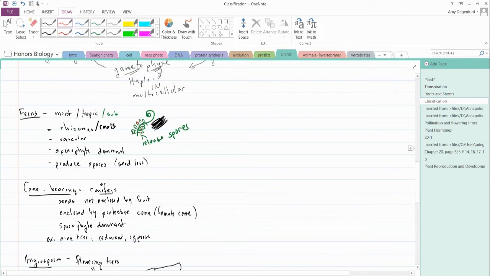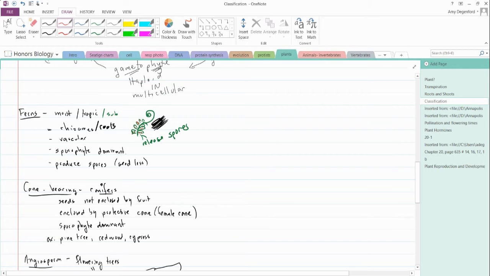Now ferns, they also need moist areas, either subtropical or tropical areas. They also have these rhizomes, the roots, which are more like true roots because they are vascular. They have vascular tissue. This is sporophyte dominant. So we start to see a shift in these plants where we're seeing more and more of the sporophytes, where what we see as a typical adult plant is the diploid plant, not the haploid like we saw in mosses.